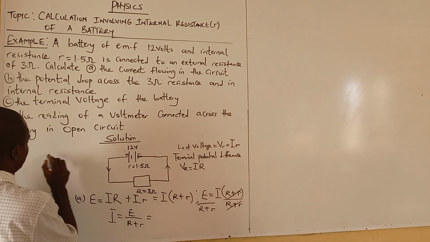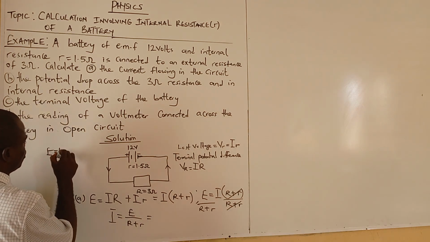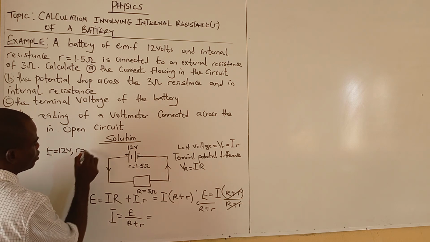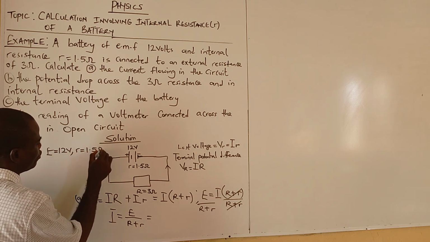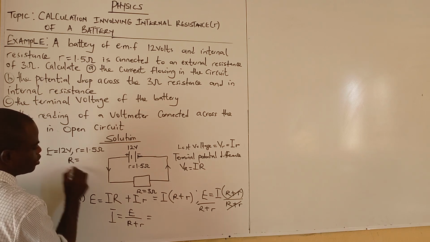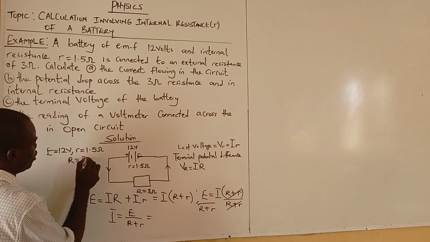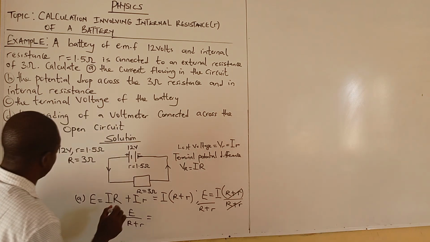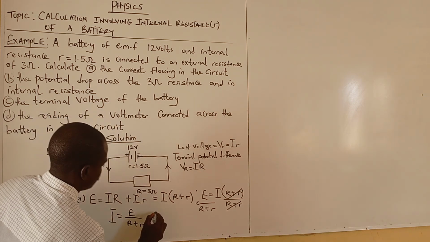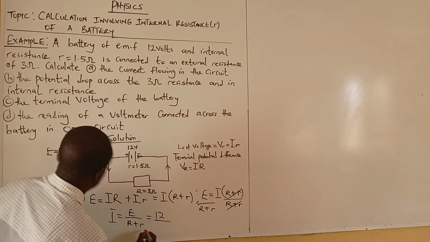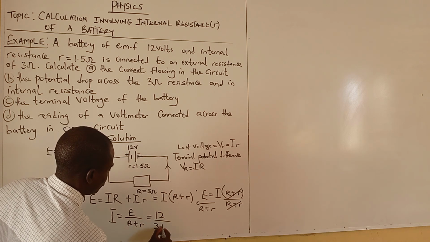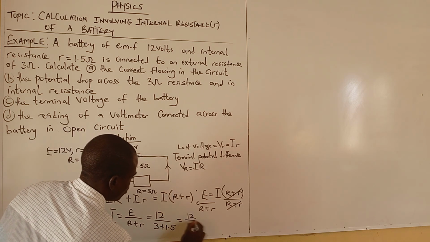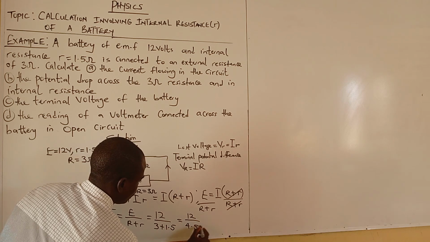Our EMF equals 12 volts, the external resistance is 3 ohm, and the internal resistance is 1.5 ohm. So 12 divided by 3 plus 1.5 equals 12 over 4.5.